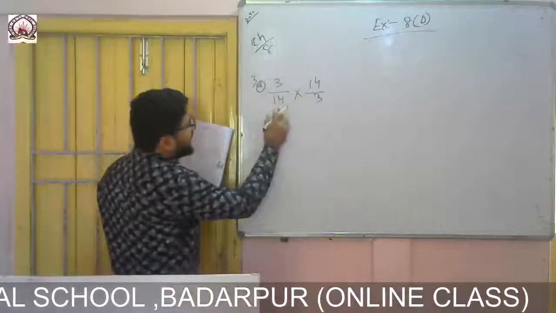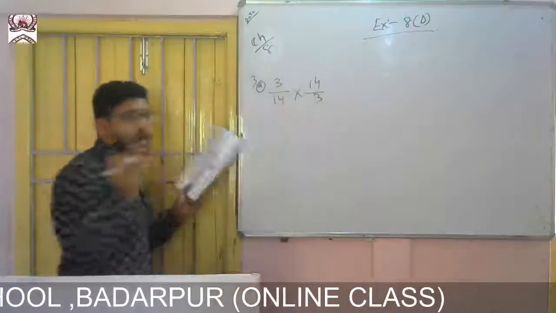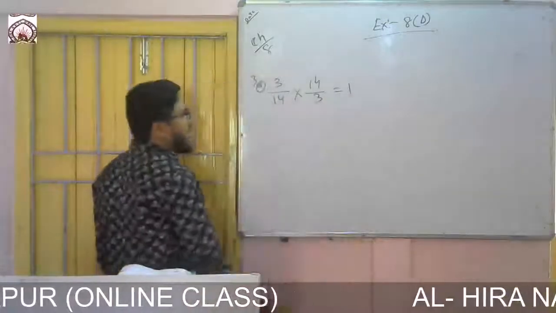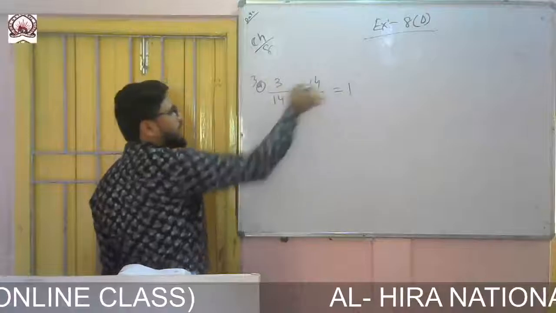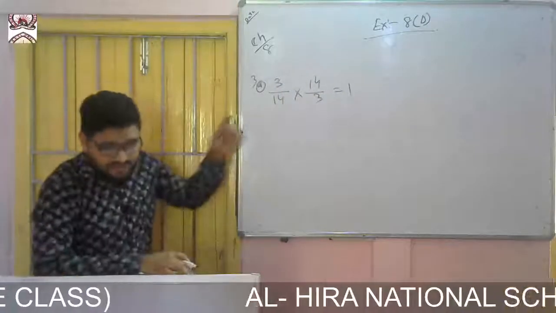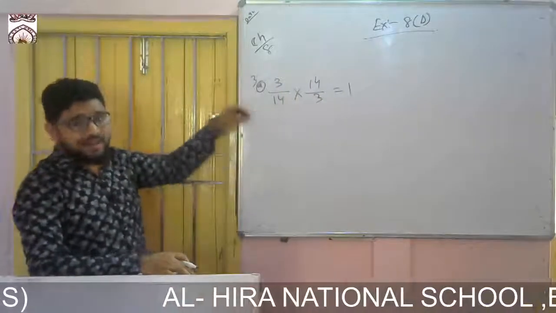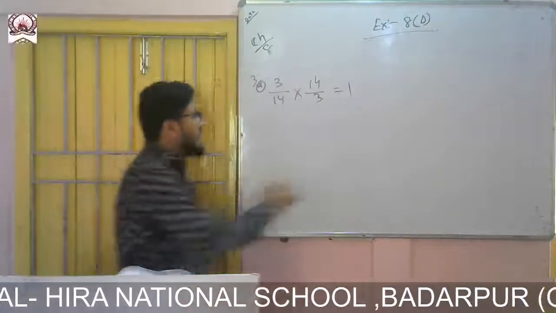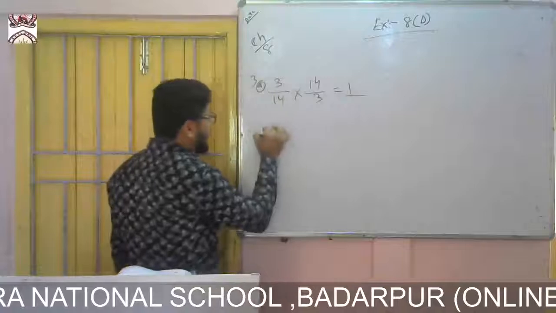And the reciprocal of 3 by 14 is 14 by 3. So obviously the answer will be 1. How? 3 will get cancelled, 14 will get cancelled, as we have done in exercise 8B, 8C. So the answer will be 1. Okay. Now come to B.